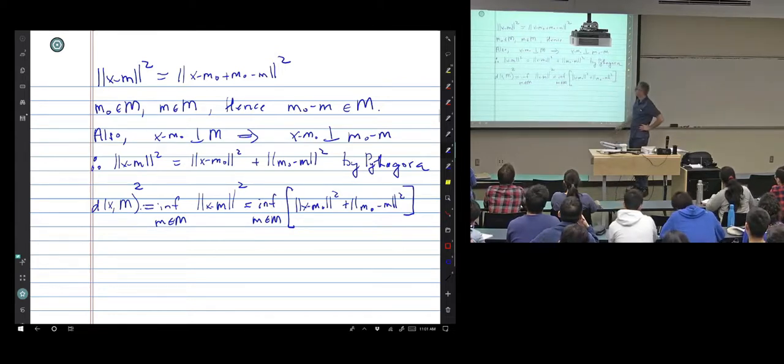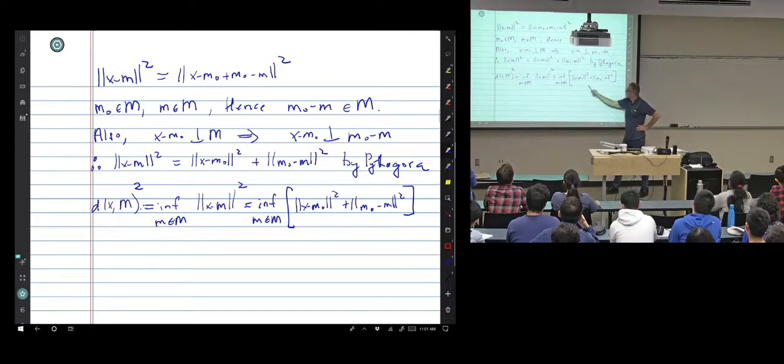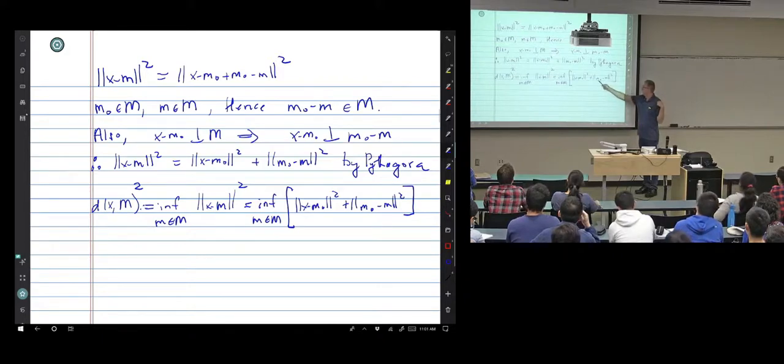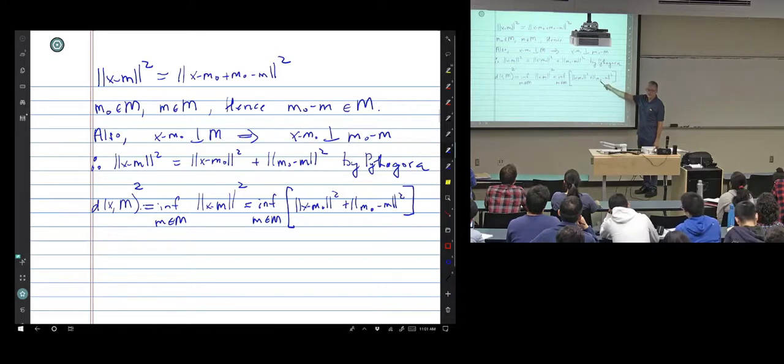Okay. And this term, how do I make it the smallest when I search over all points in my subspace? I can make it 0 by choosing m equals M0. Okay. I can't make it any smaller. And if I choose anything that's not equal to M0, then this is positive. So it's a unique minimizer.